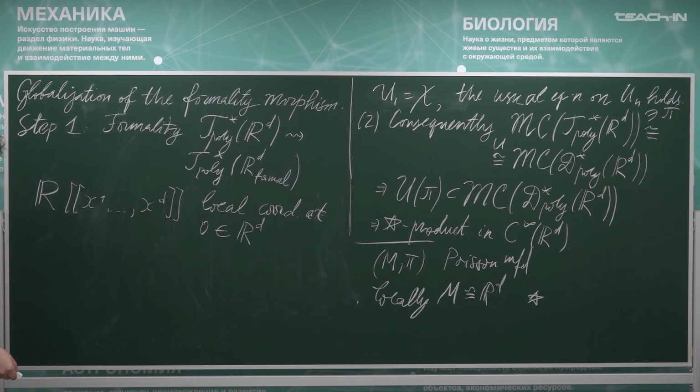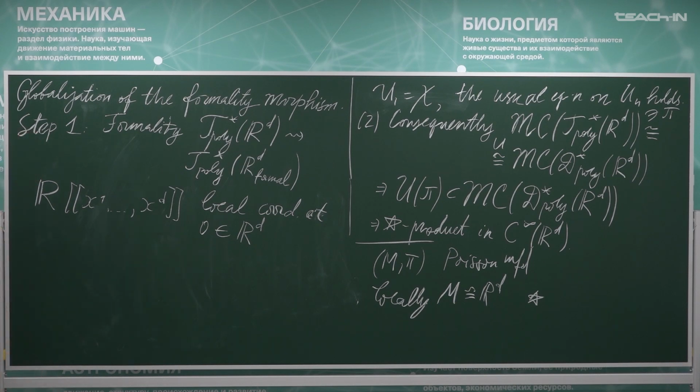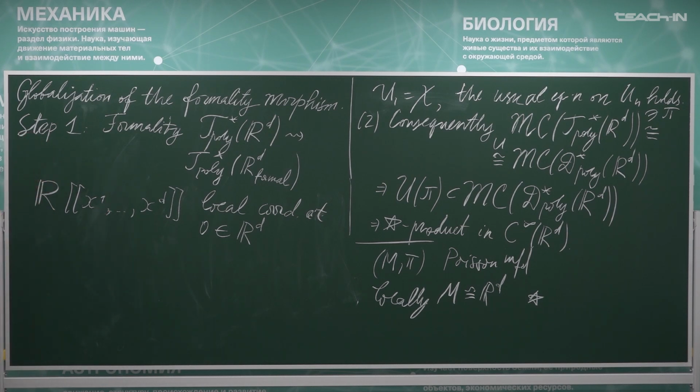When you consider formal power series in variables x1 through xd, you can actually consider Taylor decompositions, Taylor series associated with every smooth function. There is a large theory behind this. There is the Borel theorem, which claims that every formal power series can be identified with a certain class of functions at the origin of Rd.